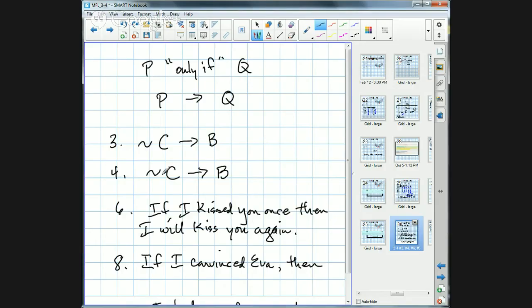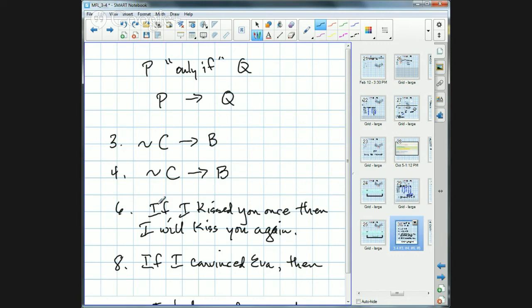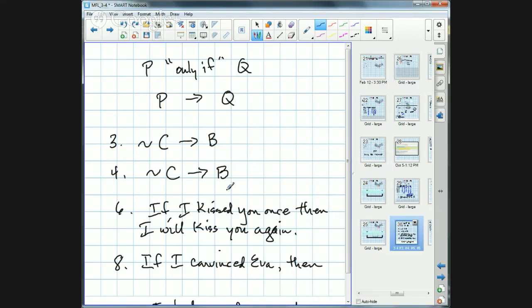Okay, how about number 4? Again, I didn't follow the lettering. It says having no cavities is a sufficient condition for brushing your teeth with clean. Do you remember what sufficient means? There are all these key words.